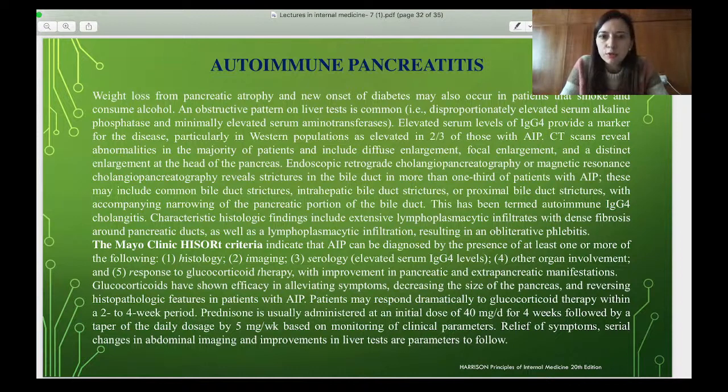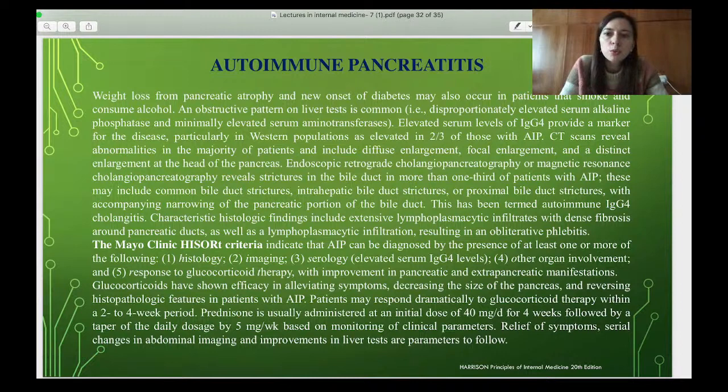An obstructive pattern of liver tests is common. Elevated serum level of immunoglobulin G4 provides a marker for the disease, particularly in Western populations, and is elevated in two-thirds of those with autoimmune pancreatitis.